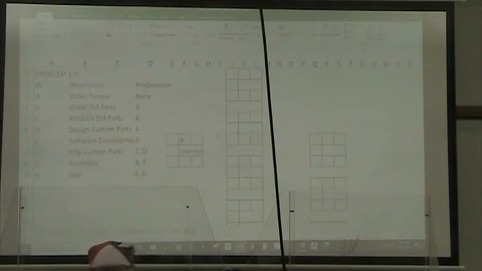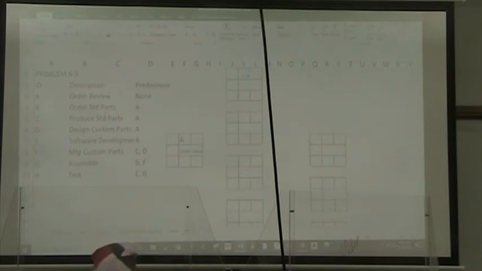I highlight all of them and then move them so that I've got it split evenly here. Now we know we want to keep them in order.